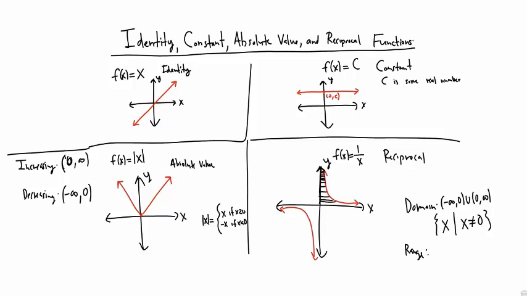And when we take the other connected piece of the graph and project that onto the y-axis, we see that all these points get hit. So all the negative values of y are outputs. 0 is the only one missing. So the range is all numbers except for exactly 0.